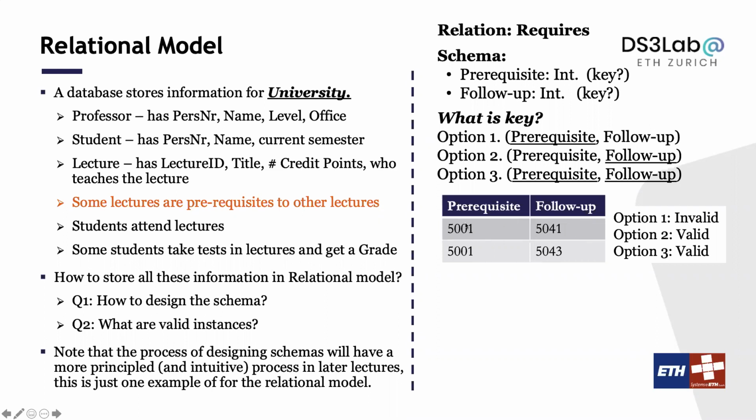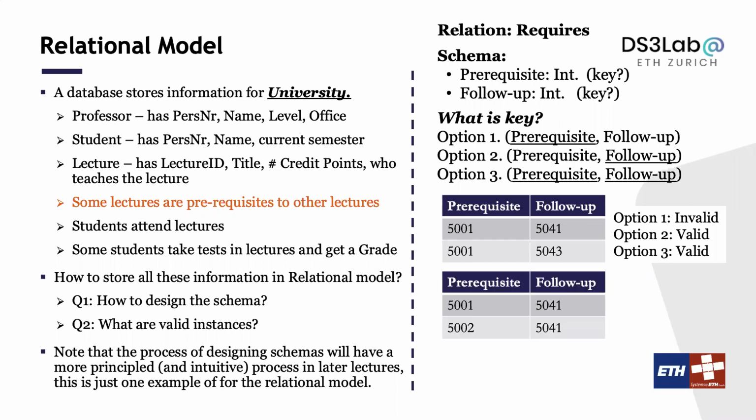I cannot have two tuples that have the same value on prerequisite and the same value on follow-up. That's what we mean by having a set of attributes as a key. So this is valid under option 2 and option 3, but not valid under option 1.